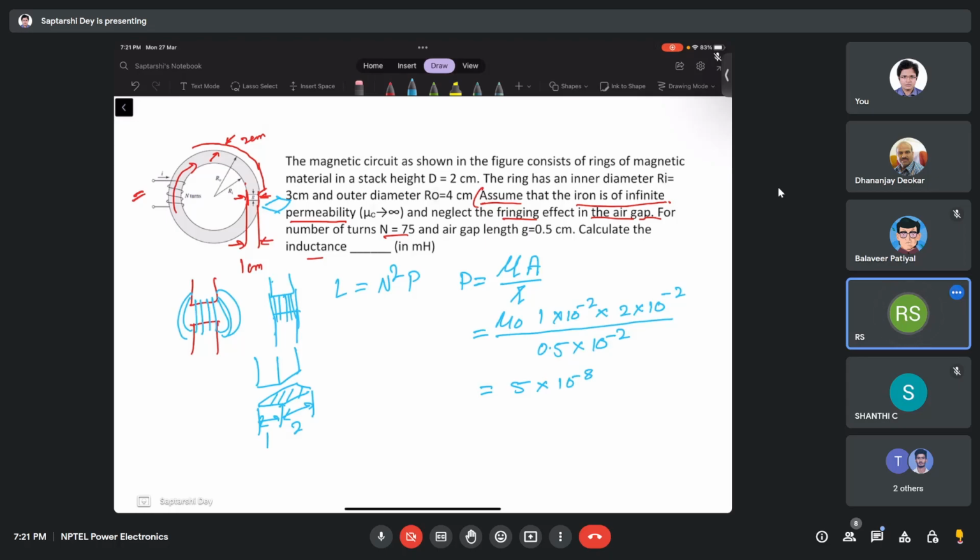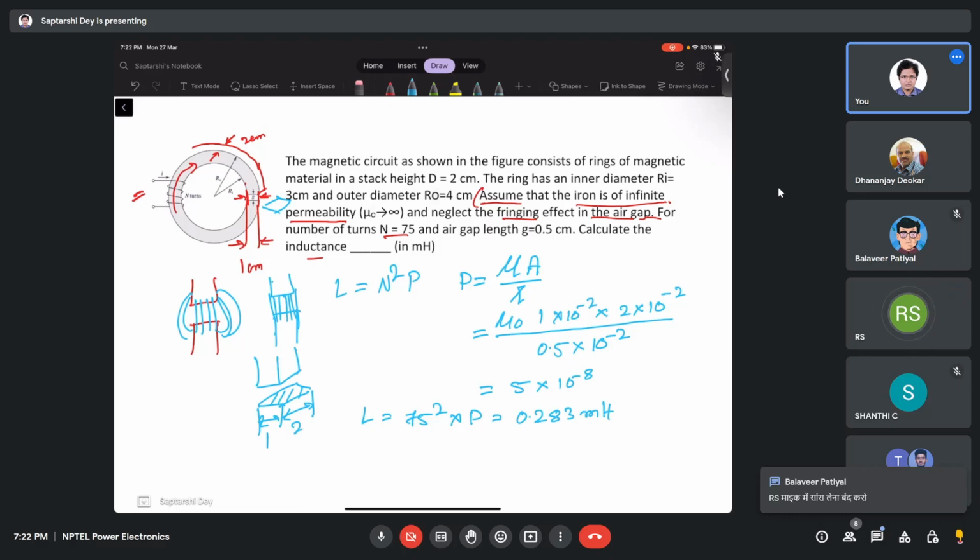Okay, so this is permeance. So what is inductance? Inductance is just 75 squared times this. So the answer times 75 squared will give you this in millihenry. So multiply with 1000, some 0.283 millihenry.